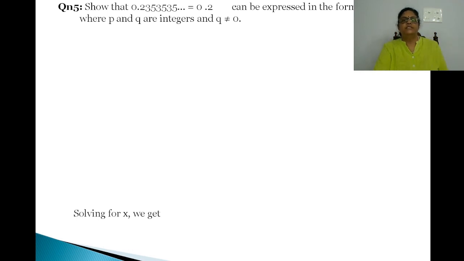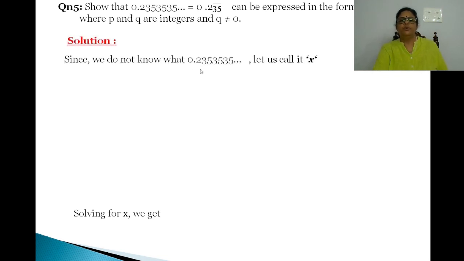Show that 0.2353535 etc., that is 0.235 bar, can be expressed in the form p by q, where p and q are integers and q not equal to 0. Since we do not know what 0.2353535 etc. is, let us call it x.